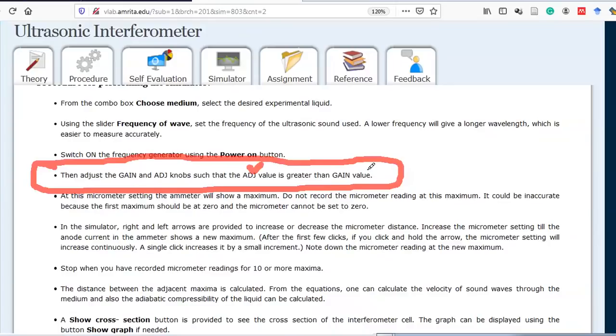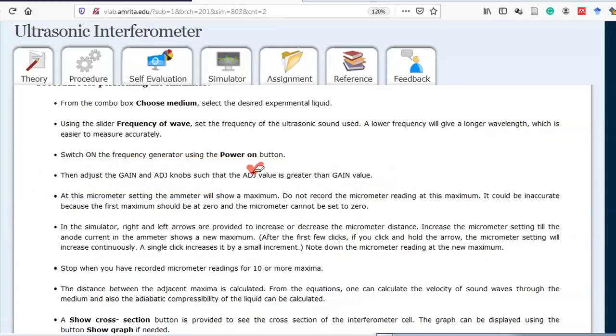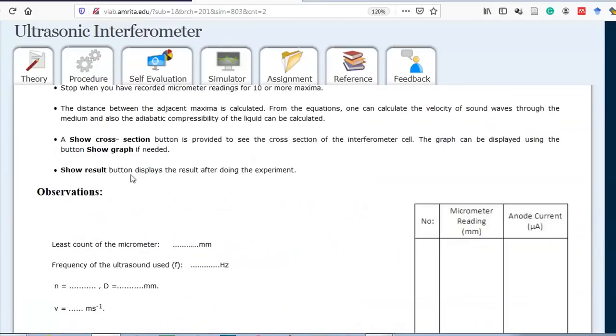So this only you have to keep in mind while performing the experiment. The rest you can also go through in the procedure so that it will be easy to perform the practicals. Fine, do go through it. I am not going further because I know that.